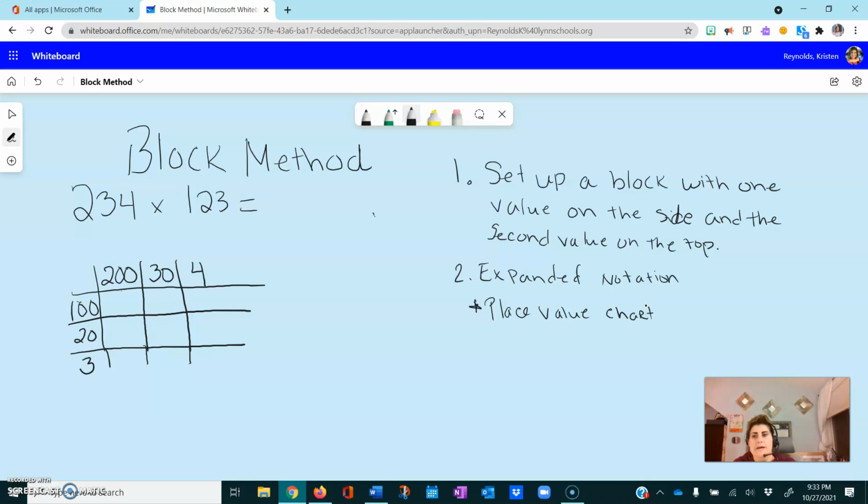Okay, so now I just put the multiplication sign there just to remind me.